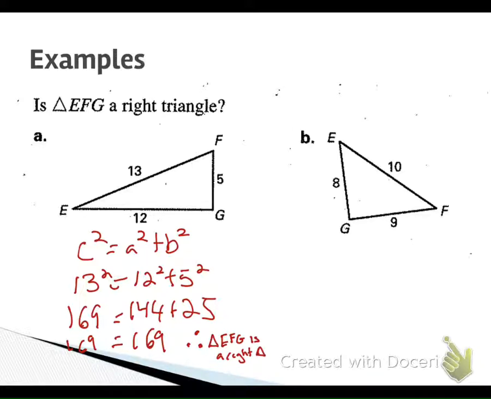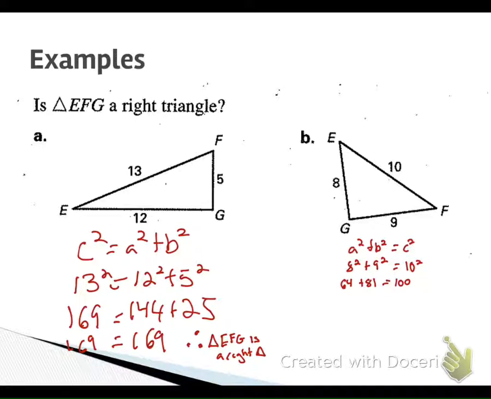Okay, so we have to try it again with this one. So we see the longest side is going to be c. The longest side here is 10. So we'll do a squared plus b squared equals c squared. We know that that's going to be 8 squared plus 9 squared equals 10 squared. What's happening? So we have to make sure we're verifying. We are not judging it based on our looks.